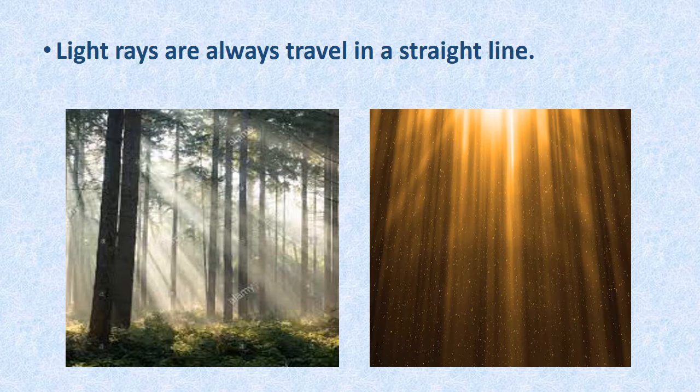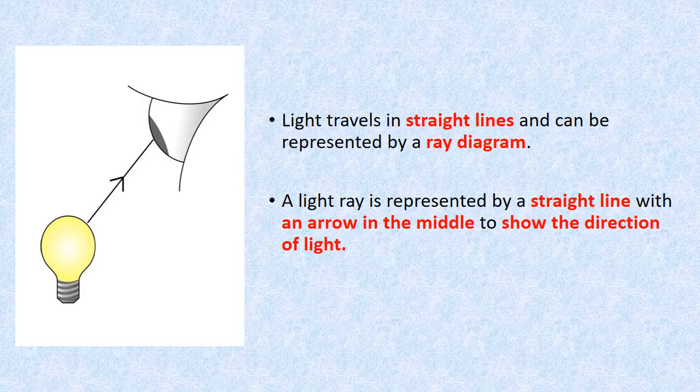Have you noticed sun rays that shine through a thick forest? And have you noticed how light rays from laser lighting travel in a straight line? How do they travel?